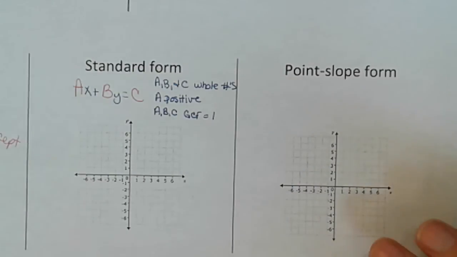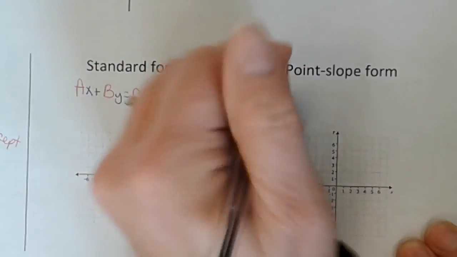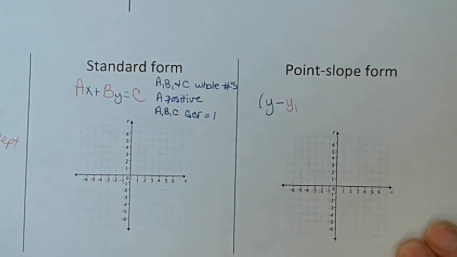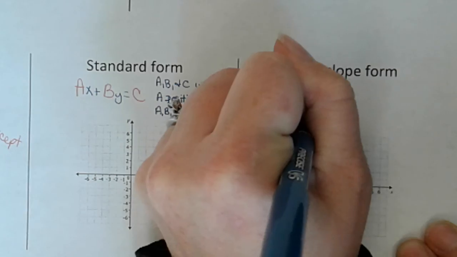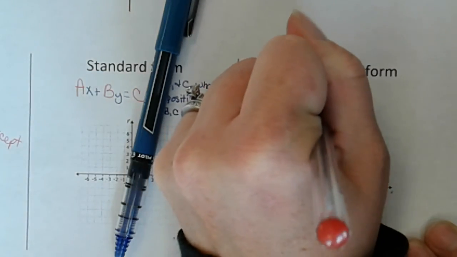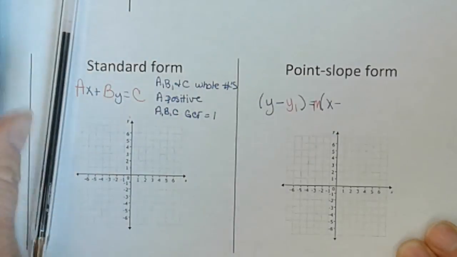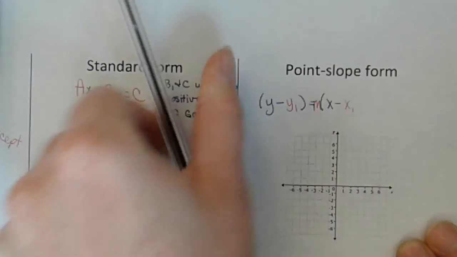All right, and point-slope form. So this is y minus y1 equals m, squeeze that m in there, times x minus x1.